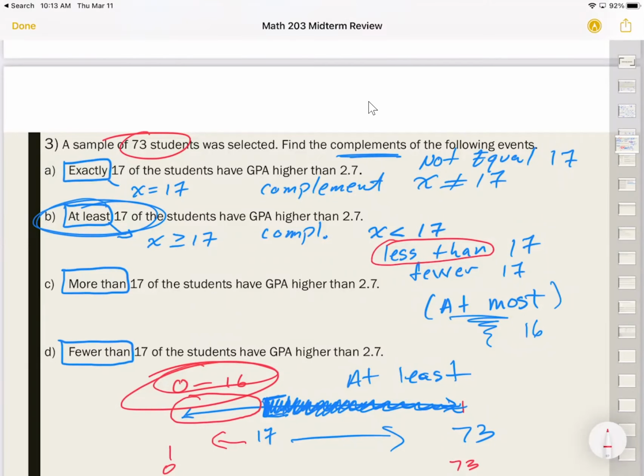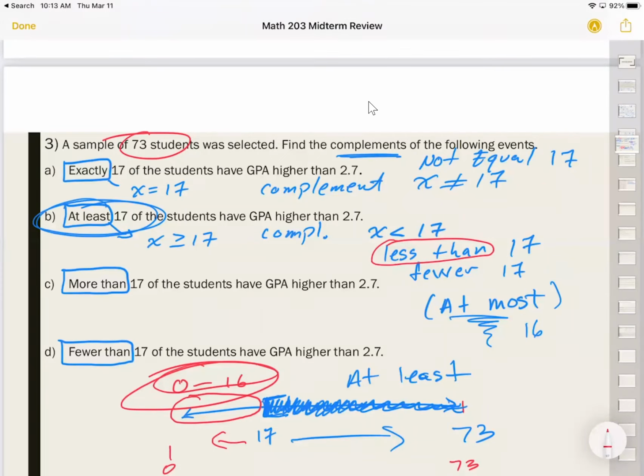So basically complements are just like inverse operations. In a nutshell, yes. Whatever is left that you did not include in your description, that's the complement of it, right?